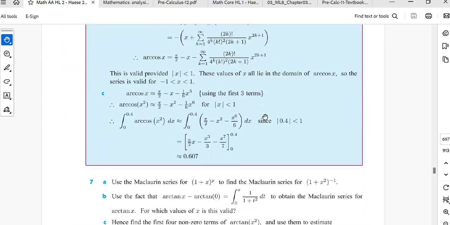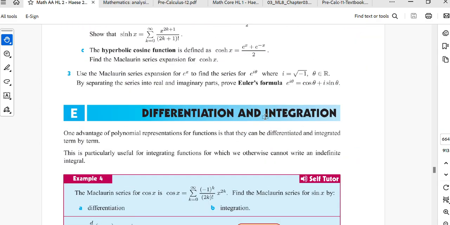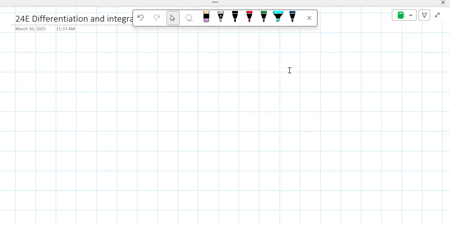Okay. This part is kind of the fun part, where we do differentiation and integration. It feels weird that we just did addition and subtraction, and now we're doing differentiation and integration. But here we see the usefulness of learning about Maclaurin series.